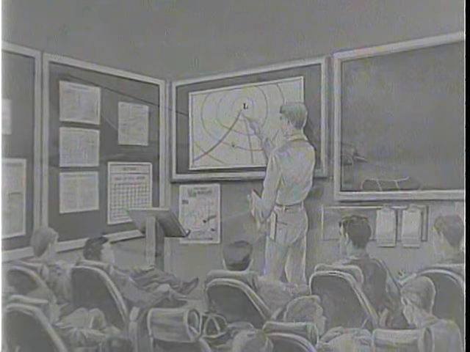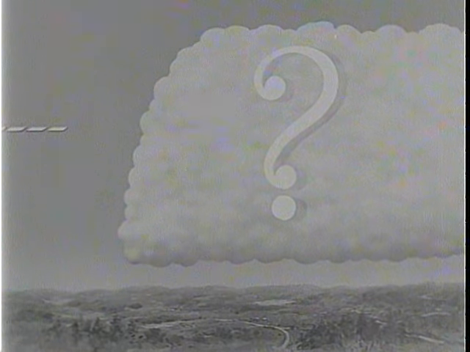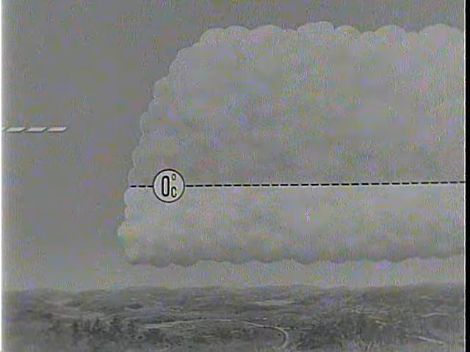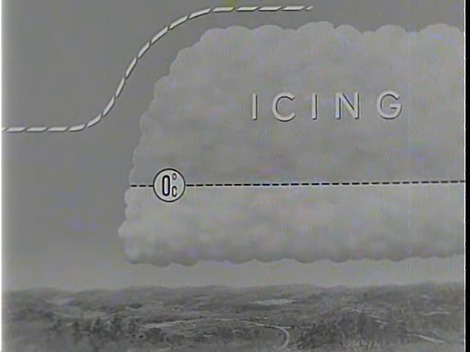In addition, there are several basic flight rules that should be observed. Never fly into a region where icing conditions are known to exist or are suspected. In any cloud where temperatures are 0 degrees centigrade or below, icing conditions should be suspected. Fly over or around such clouds whenever possible.